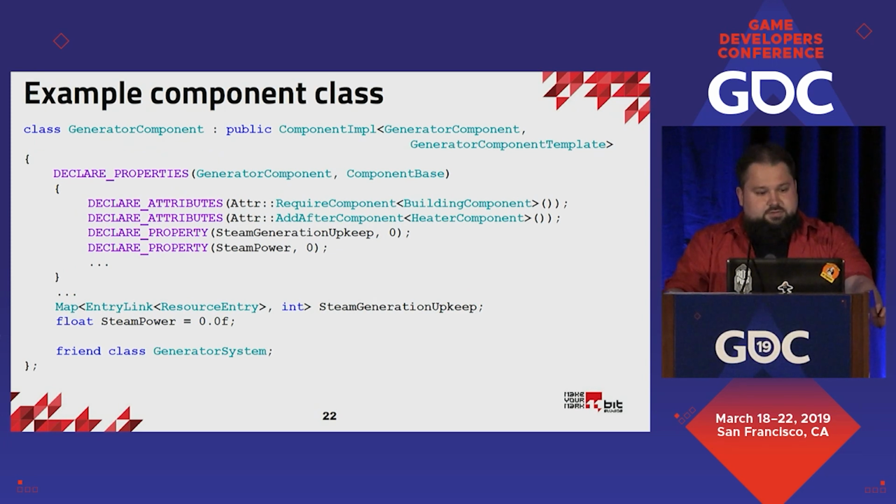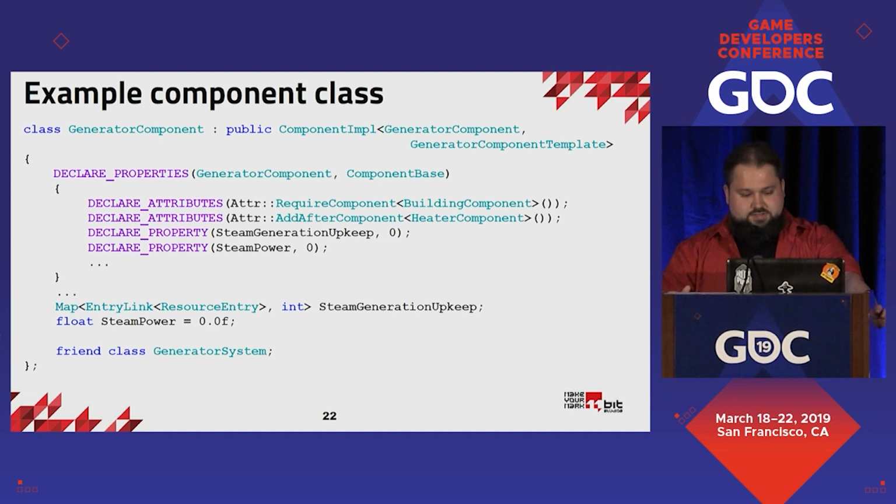And here is an example of a generator component. It inherits from some base component type. The component impl class is an abstract class that basically combines the component template with the component itself and allows the class factory to properly initialize the component. Then the capital-lettered purple instructions are macros that allow the RTTI system to work properly.